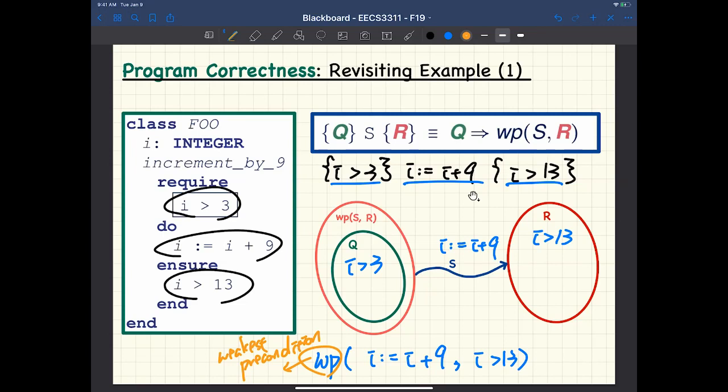You will take two arguments. The first argument here is just a program. And the second over here is just a predicate. Typically, you just put a post condition there. What's the result for the weakest precondition? Well, it's a precondition, like a predicate. One moment. So now, take it for granted, it will simply be I larger than 4.